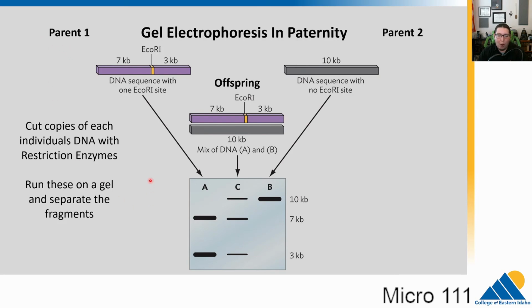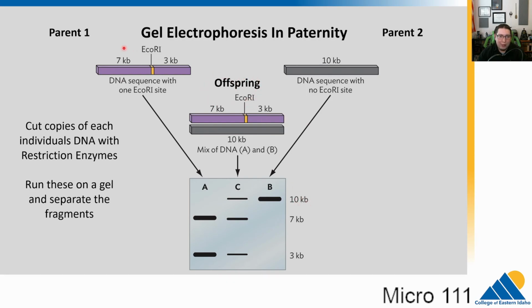What we would do is apply restriction enzymes to a sample of each of their DNA, and then run it on a gel. Parent 1 has two bands, one that's 7,000 bases, one that's 3,000 bases. Parent 2 has one band, period, that's 10,000 bases.